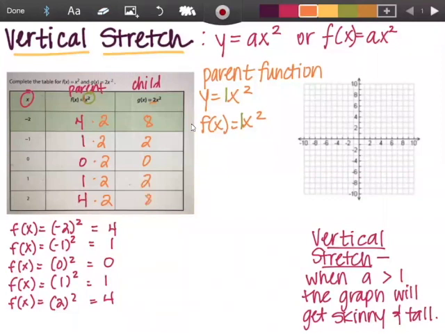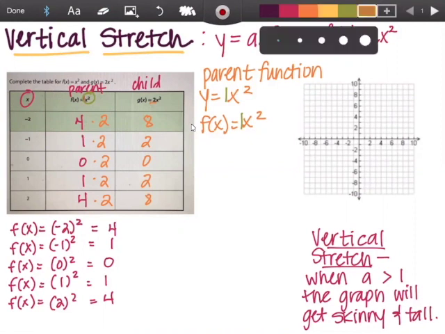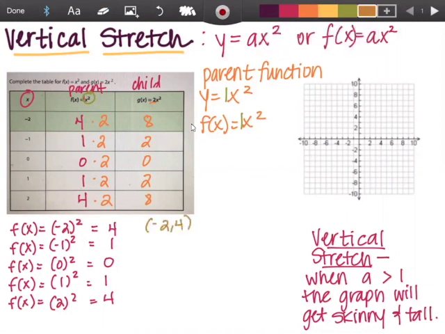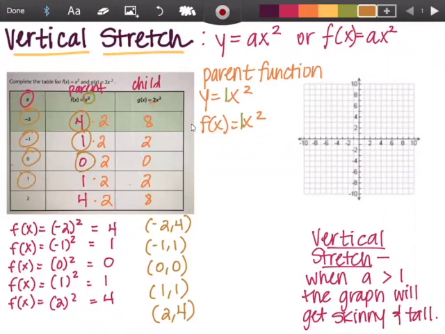All right. Now, let's go ahead and graph our parent function. Our parent function ordered pairs are going to be as follows: negative 2 comma 4, negative 1 comma 1, 0 comma 0, 1 comma 1, and 2 comma 4. All right. And I got those numbers by pairing the x and the f of x, the ones that I'm circling.